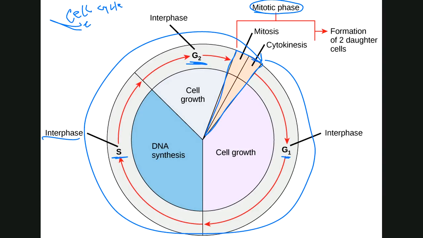What's going on? Okay, the cell is growing, it's performing its normal functions as a cell. Then the cell reaches S phase, okay, which means DNA synthesis. What does synthesis mean? This means replication. So this is when all of the DNA is going to be copied.